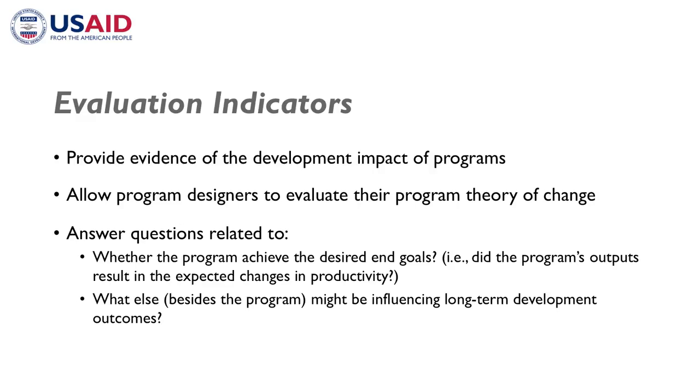And also to understand what else besides our programming might be influencing long-term development outcomes in the areas where we work. Maybe the government has a project to promote land tenure and property rights in the same area where we're working, and we want to know whether our approach or the government's approach, either individually or together, is most appropriate for achieving improved tenure security. Impact evaluation helps you understand those questions.